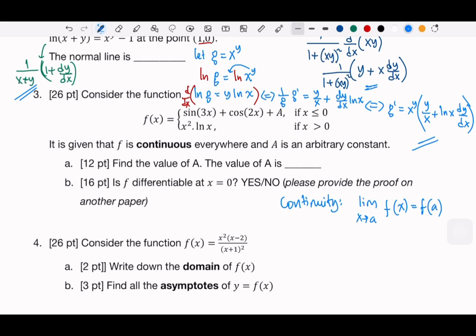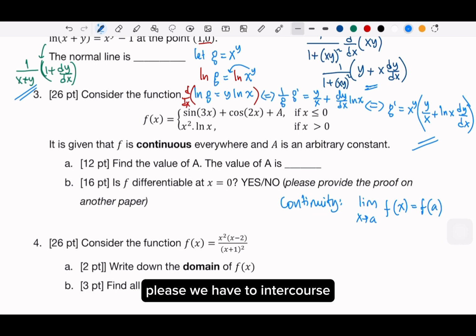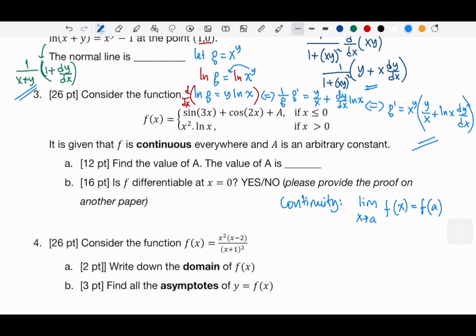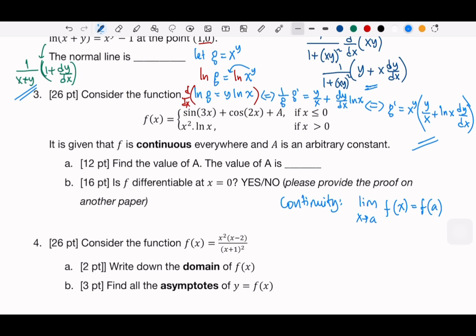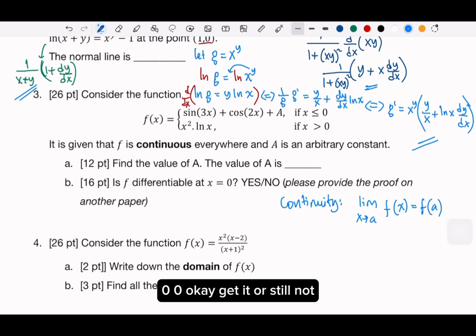We are going to look at this piecewise defined function. We have at least two intervals, negative and positive. So the best way to state the limit is x approaching zero.